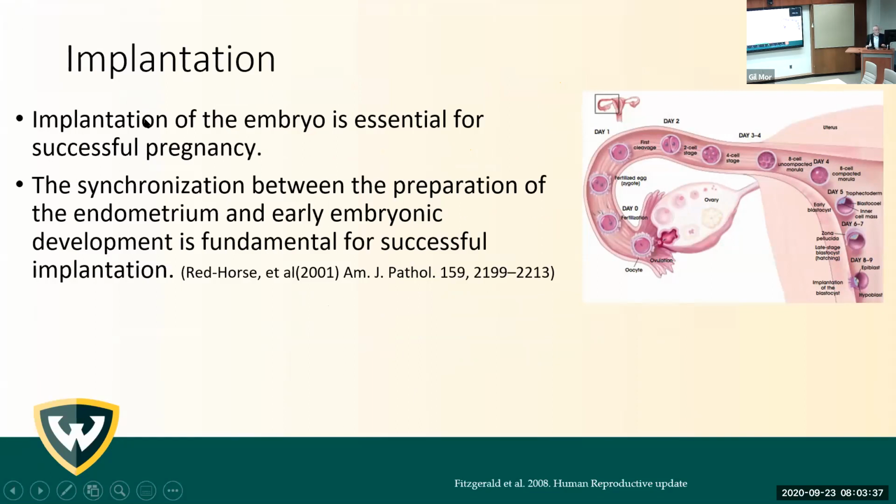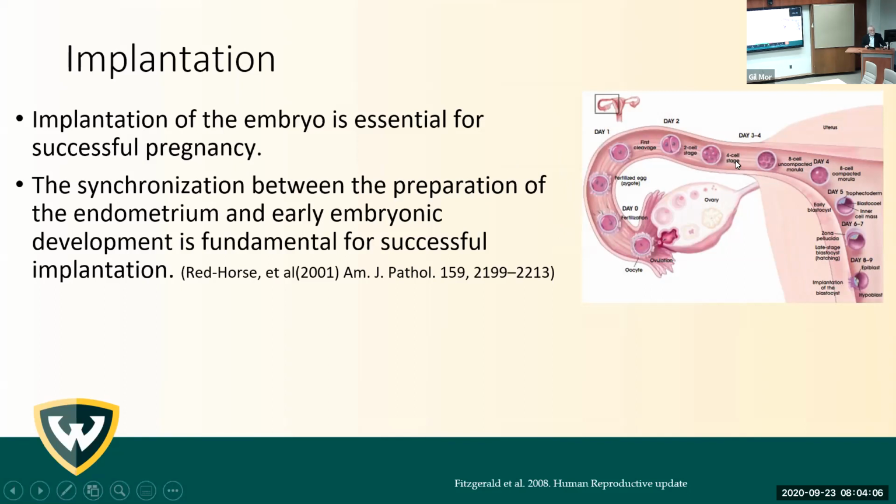So Professor Joaquin made my life much easier because he already introduced you yesterday to everything about the implantation process. So I will not go into much detail, just remind you that the most important stages in the early process of fertilization happen in the fallopian tube.